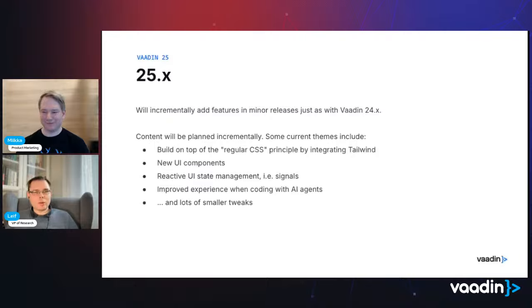One thing I saw, it was already a comment about that also in the discussion, is reactive UI state management based on signals. So this won't be ready for 25.0. Since we keep it as a preview feature, we will allow ourselves to continue iterating on it also during the beta period for Vaadin 25.